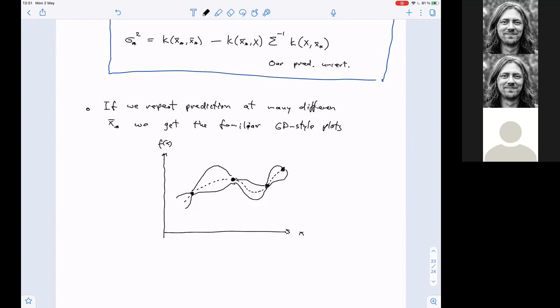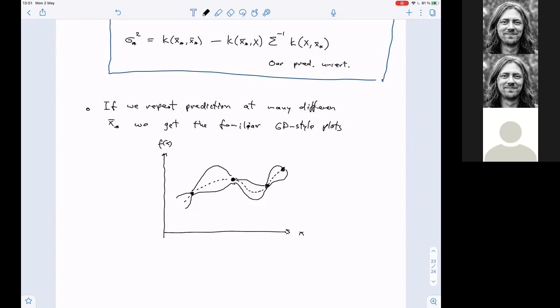It does not imply that repeated evaluations of the true function at x star would give different values. The true function might be completely deterministic. There is one true function value out there, but we are just expressing our lack of information about it using a probability distribution.